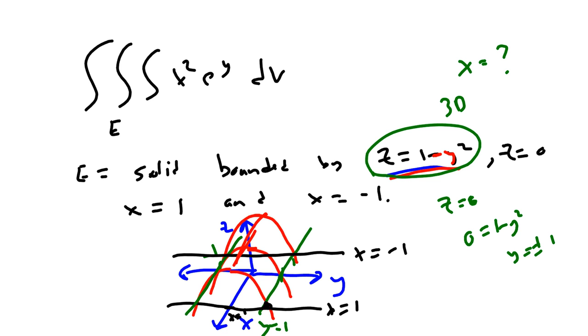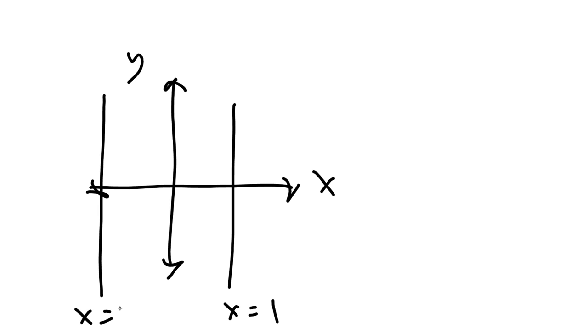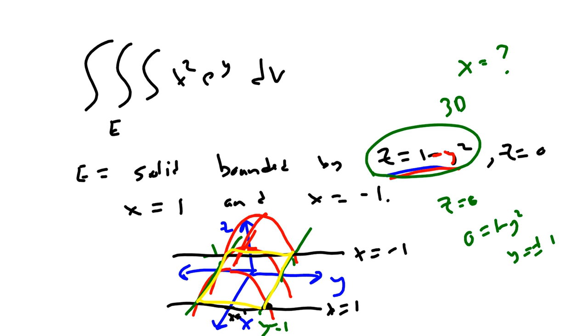And what you can tell is, I'll draw in yellow here, you can see that it has this base, which is like a rectangle. So let's go draw that. Let's make a new page here. And so if we're looking down from above the XY plane at this object, all we would see is the lines x equals 1, x equals negative 1, which I drew in black, and then the y equals negative 1 and 1 in green.